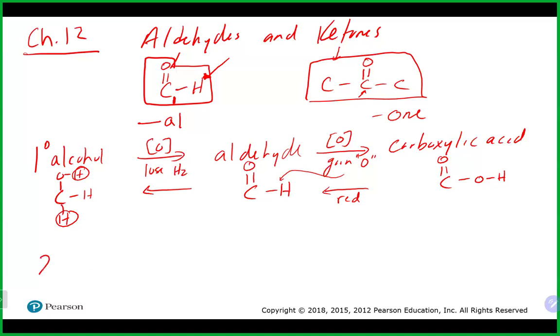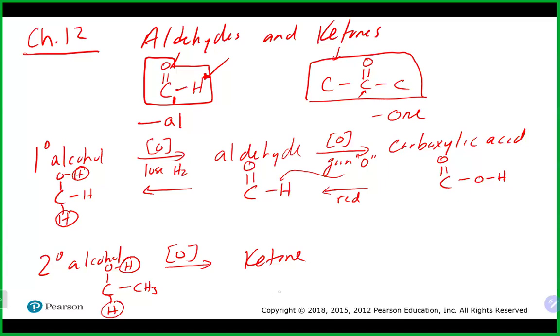That leaves us our secondary alcohol, which again, in that situation, you got something like this you're starting with. Obviously not the entire molecule, but just kind of draw something like that. We're going to knock off those 2 hydrogens through the oxidation, and that's going to get us to our ketone, which we will make our double bonded carbon, and there'll be another carbon perhaps on this side as well.